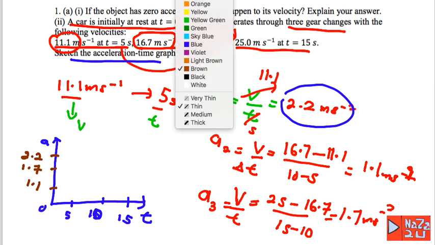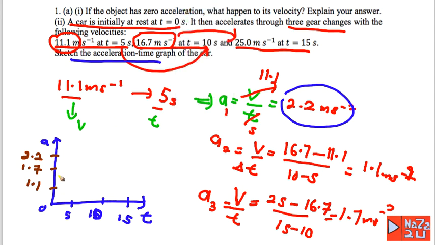So draw the diagram. From 0 to 5 seconds, this is 2.2 meters per second squared. From 5 to 10 it is 1.1.